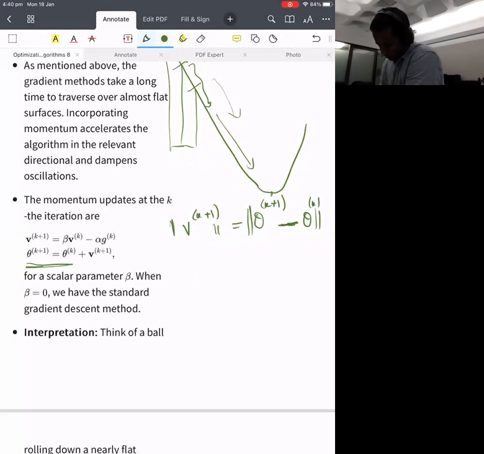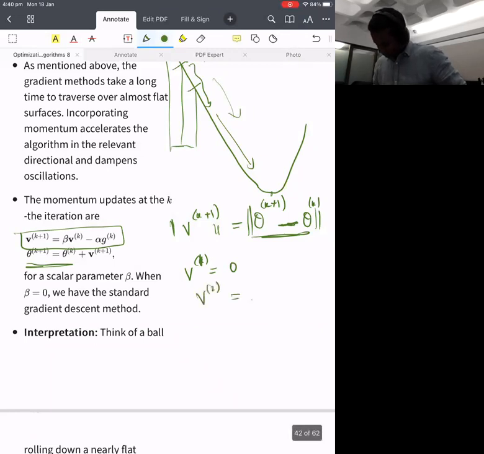How do we update velocity? So this is the formula. Why does it keep changing the difference between thetas? If you start with v of k, v of 1 being 0, and then v of 2 is actually beta, that is 0, minus alpha into g power 1.